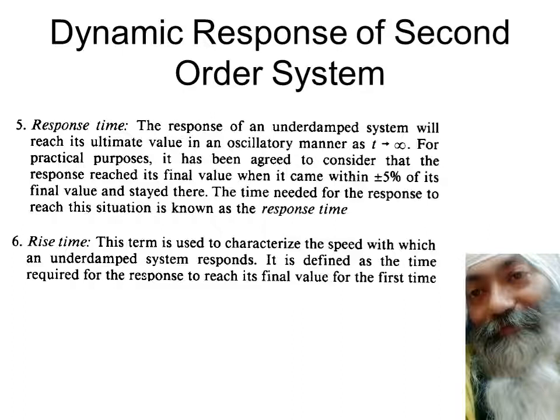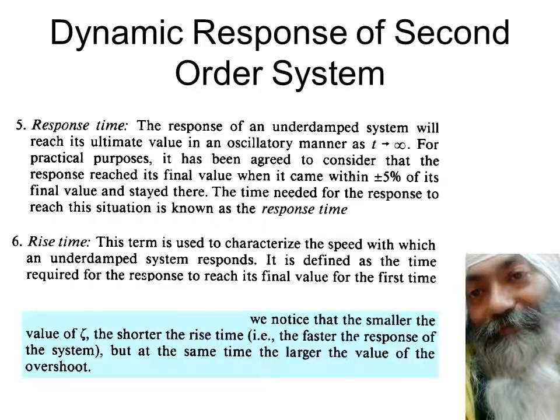So it's defined as the time required for the response to reach its final value for the first time. It may not remain there, it has to overshoot, but anyway, it has reached there, that's why it's called rise time. And we notice that smaller the value of zeta, shorter is the rise time, faster is the response time, right?